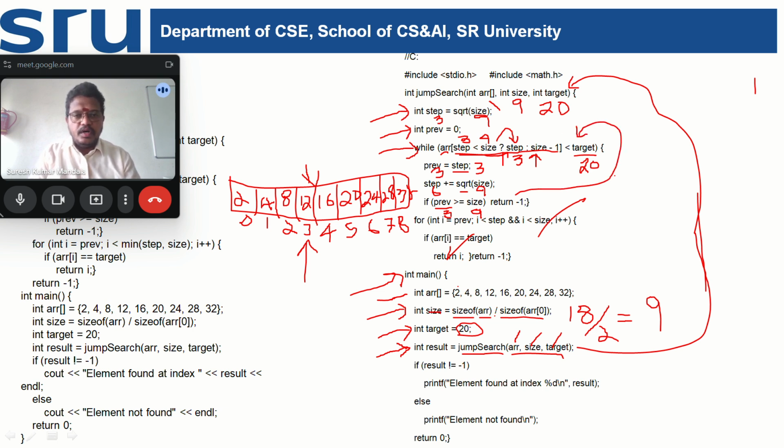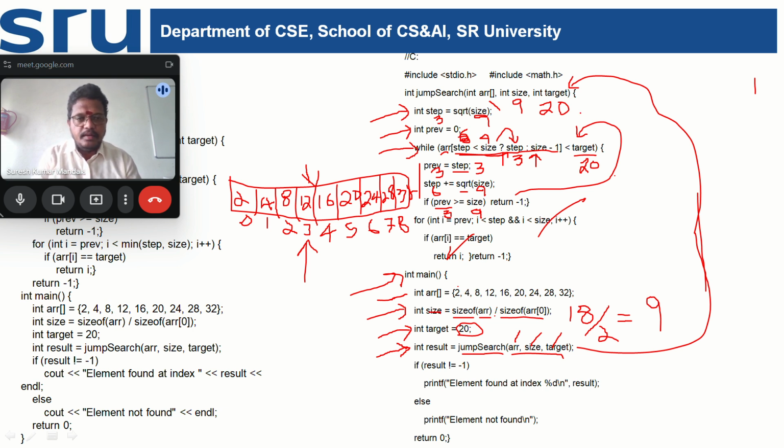Now tell me, what is the step value? Again, this is a crucial part to find out the index number of the next element to compare with the target element. What is the step consisting of now? In this while loop, before, the step value is 3. After executing these two lines, the step value becomes 6. Now compare. Instead of 3, it goes to 6. 6 less than 9, yes, the condition is true.